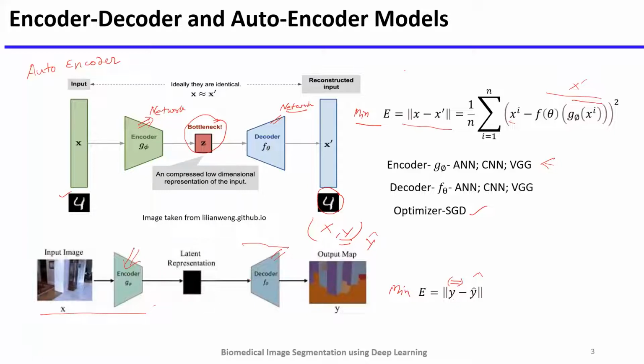So in this case, we can categorize the problem as a mapping problem, where the output has fixed classes or regions, and we have to map which class each pixel of the image belongs to.